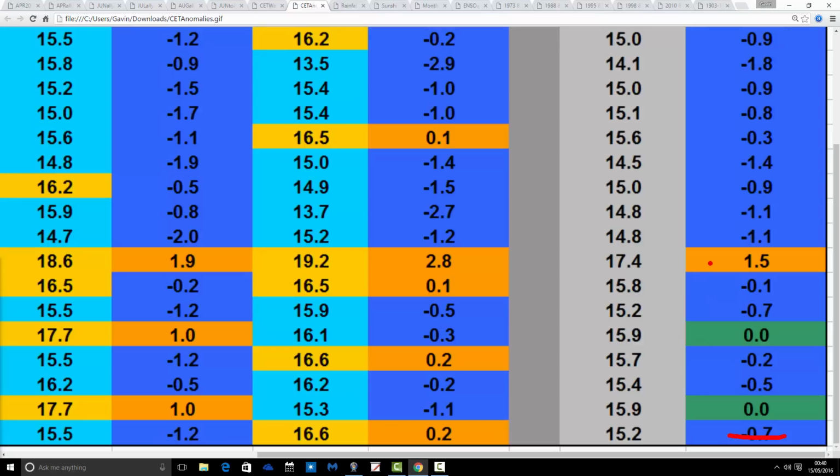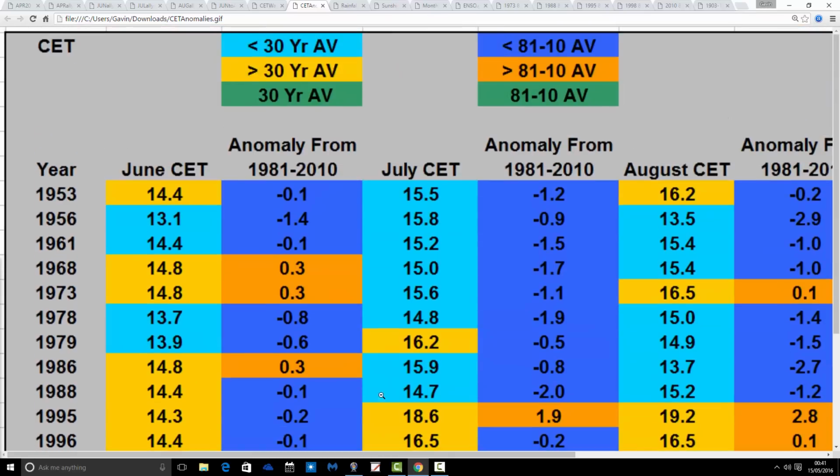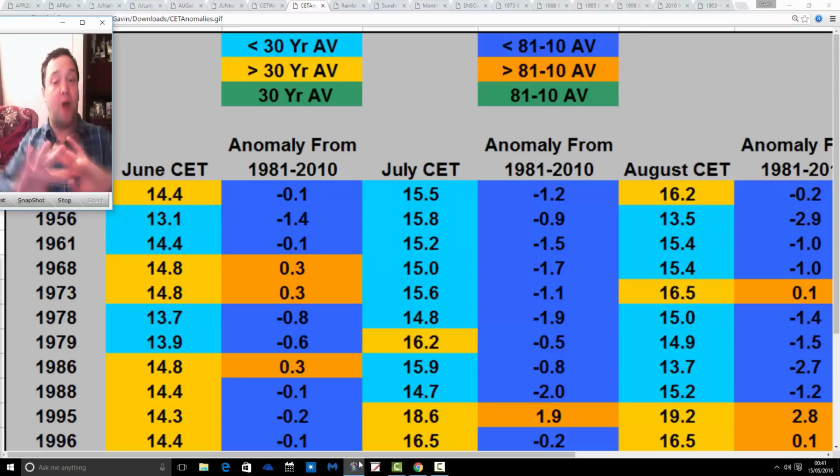And just one, 1995, that's coming out warmer than average. So that looks even more stark, although we have got these months within these summers, particularly I think in June, that do come out a little bit warmer than average at times. Despite all of that, generally the odds appear to be stacked in favour of having a pretty cool summer.